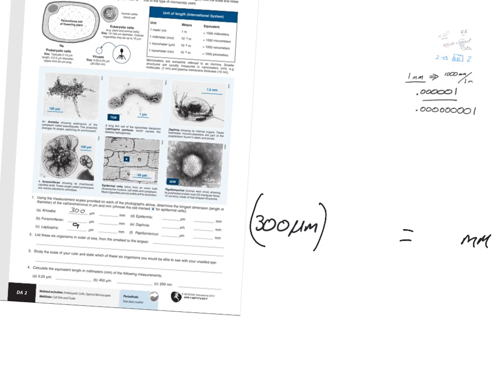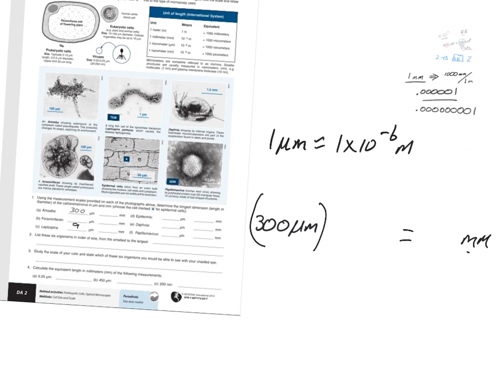So 1 micrometer, sorry, I'm writing this in the car, so no, I'm not driving. 1 micrometer equals 1 times 10 to the negative 6 meters.